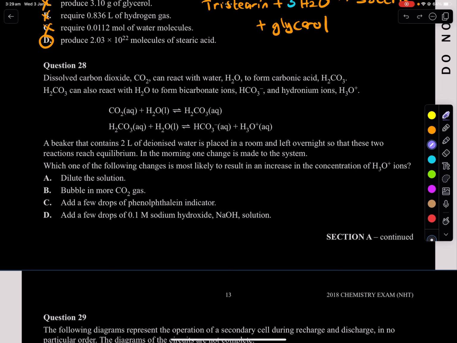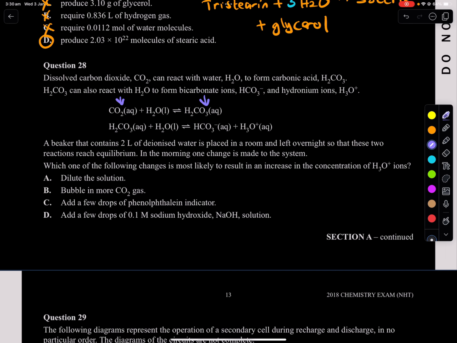So the first one is dilute the solution. What's happening if we dilute the solution? You're increasing this H2O. You're decreasing the concentration of CO2. And the system's like, hey, you're decreasing it too much, I'm going to need to compensate for that. So I'm going to go backwards to increase my CO2. And if it goes backwards, what's happening with this H2CO3? It's decreasing.